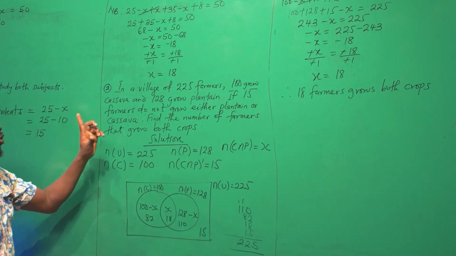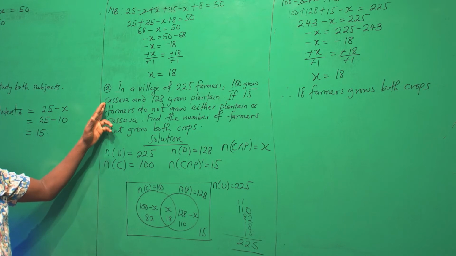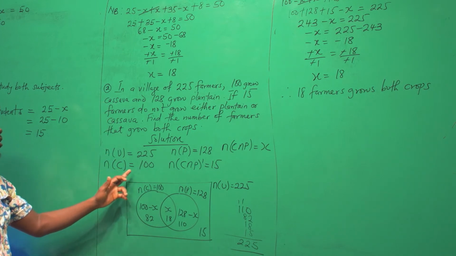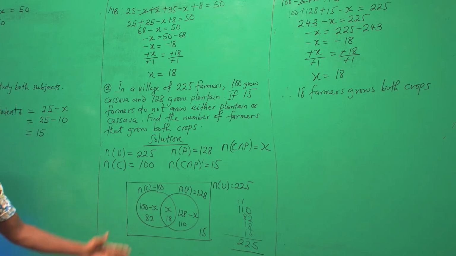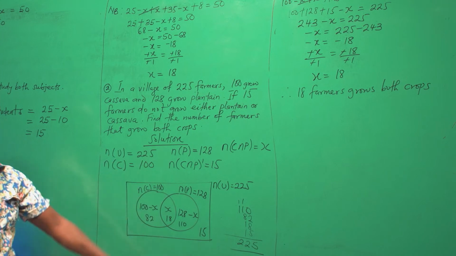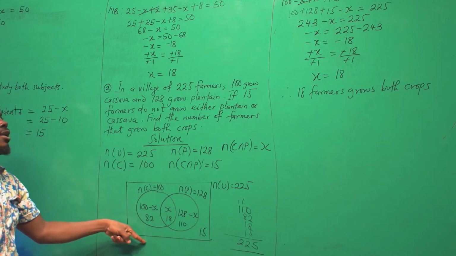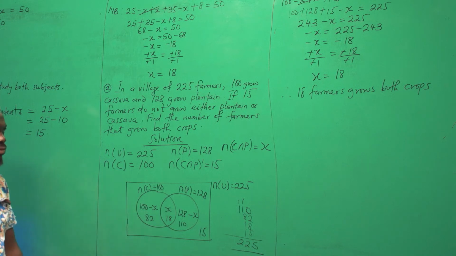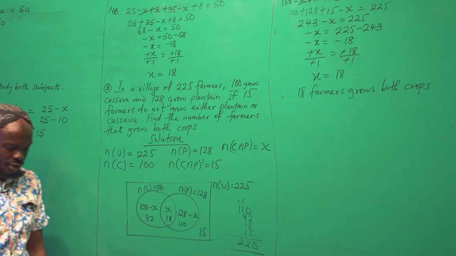Then you always choose the first letter of the commodity to represent it in a capital letter. Then you put them down. Then after that, you put them into your Venn diagram, even though this question didn't ask us to fix it in the Venn diagram. But we used the Venn diagram, which helped us to solve it easily.